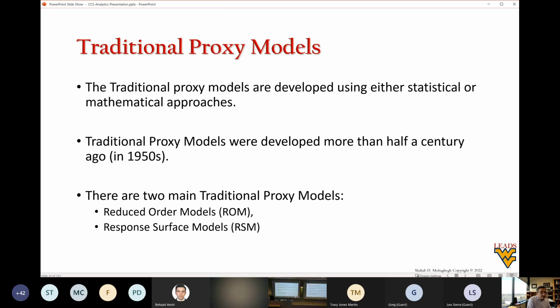RSM are used very much in almost every single commercial numerical simulator that you probably use from different companies at the university. We use it here as well. But that is a response surface model. It's an application of statistics. And we'll talk about it a little bit, but you can actually do a little bit of research and find out what it is.